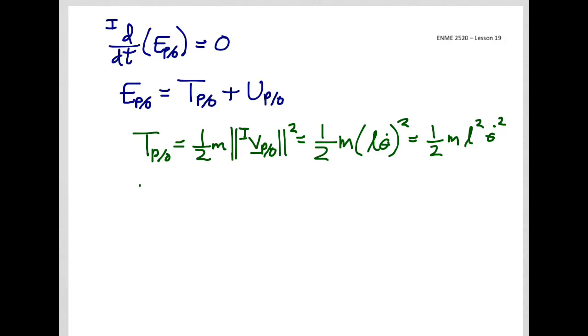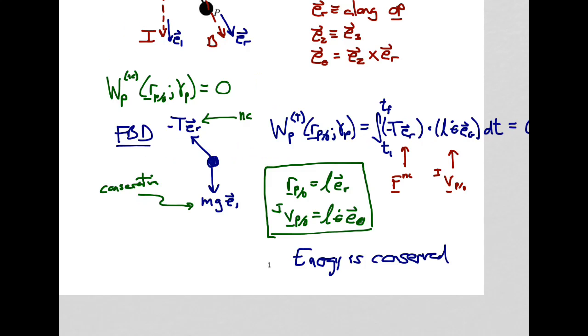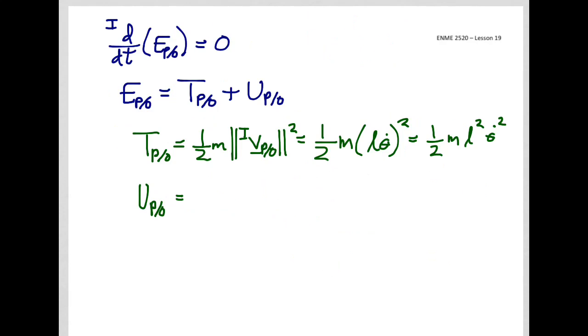The next is our potential energy, P with respect to O. This potential energy is going to be the potential energy of all of our conservative forces. Our only conservative force in this system is the force due to gravity. The potential energy due to gravity, the expression in the book, is mgy.